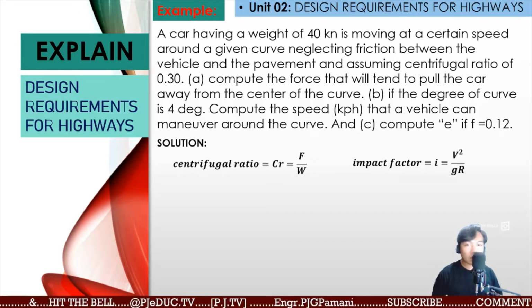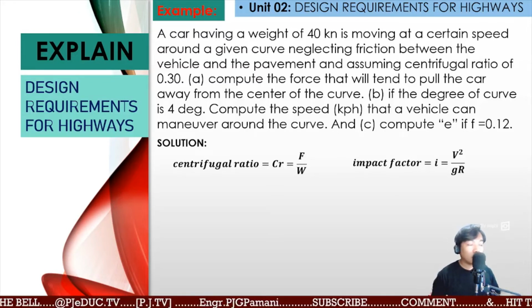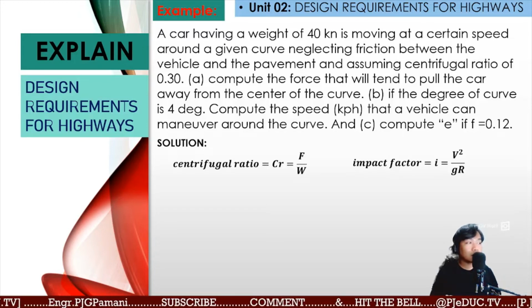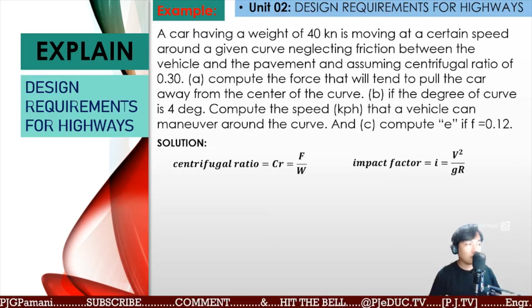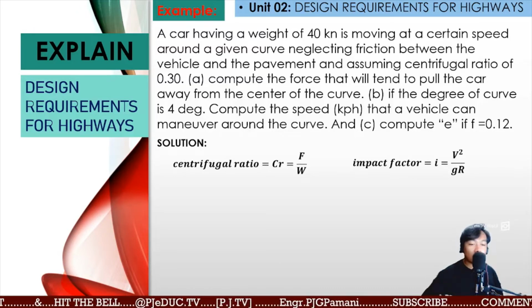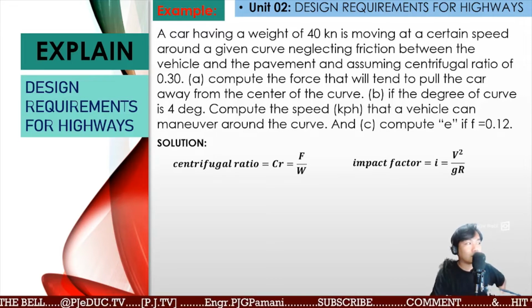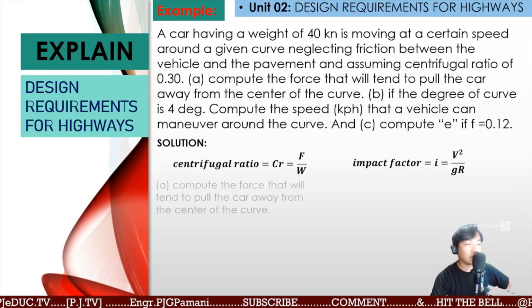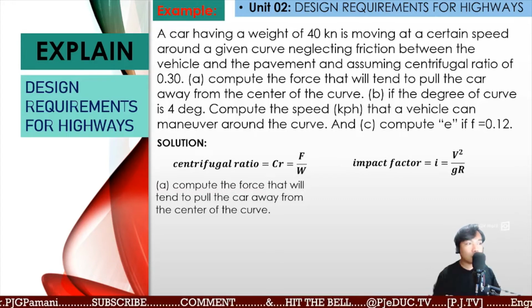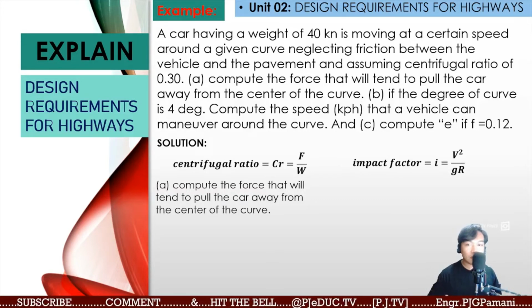Impact factor is your V squared over GR. Centrifugal ratio, force over the weight of the vehicle. Impact factor, the speed of the vehicle squared over the acceleration due to gravity times the radius of curvature. First, you're now asked to compute the force that will tend to pull the car away from the center of the curve.